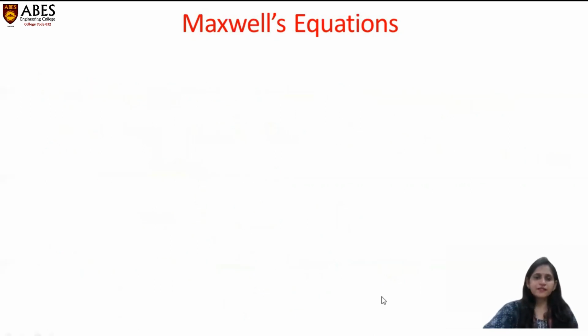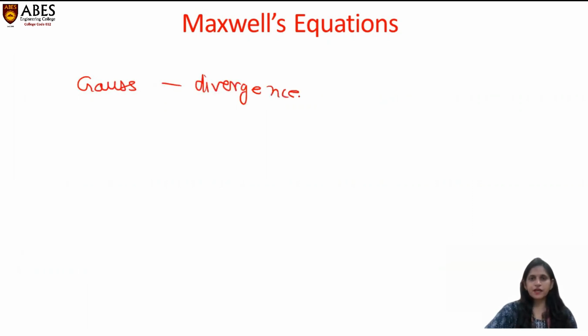Now next, we will be using the Gauss divergence theorem over here, which we also revised in the last video. So now we are using the Gauss divergence theorem in Maxwell's first equation in differential form.